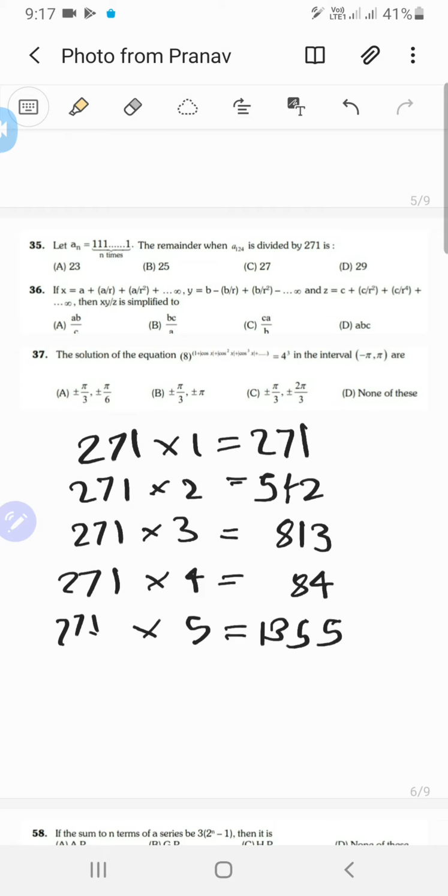Not working. Well, 7, that won't work. 6, no. 8, nah, that won't work either. So that's not working.